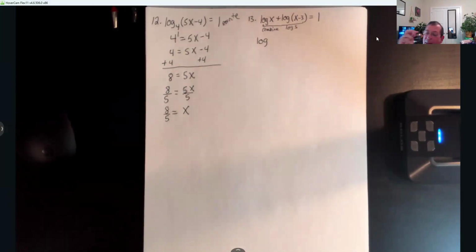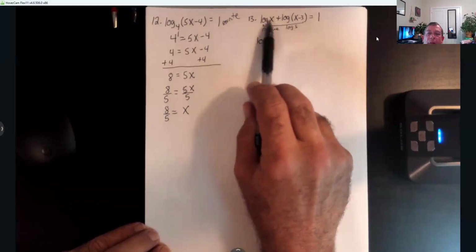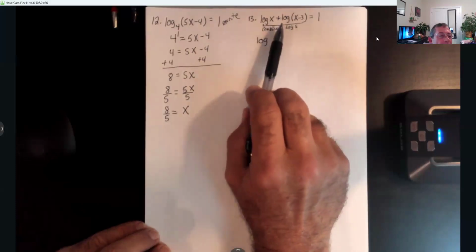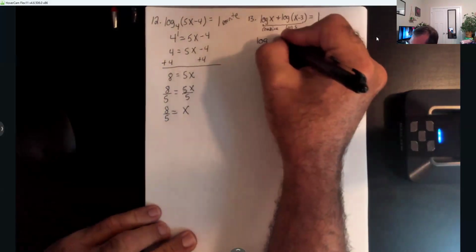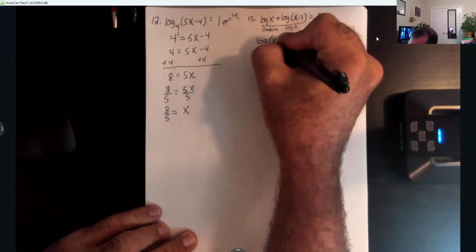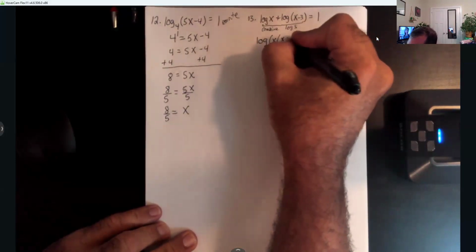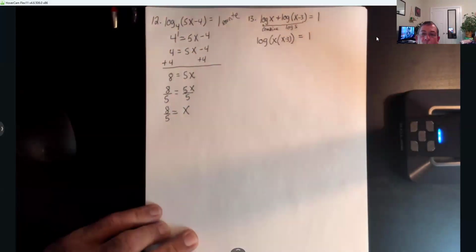And y'all, what you got to think about is which one of them logarithmic properties that I use for adding. All right, that looks like we're writing it as a product. Good job. So this would be the log of our x times x minus 3. All that is going to equal 1.